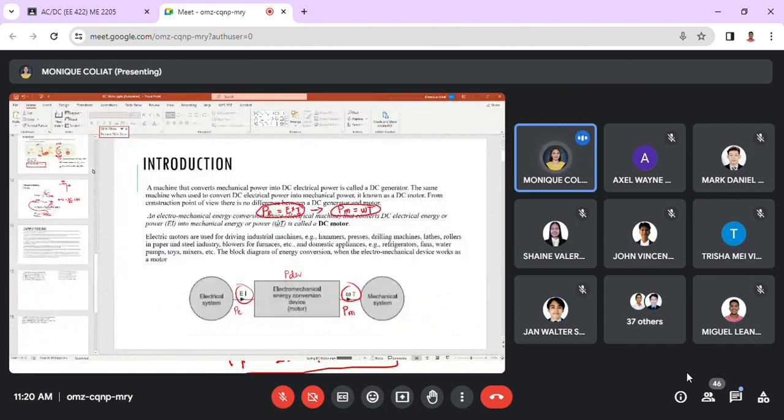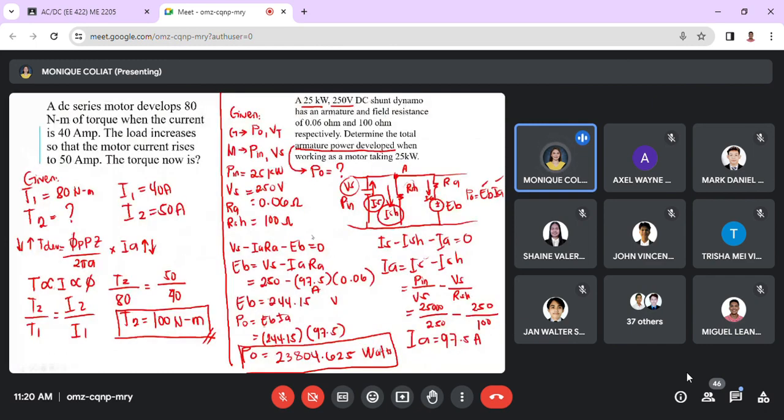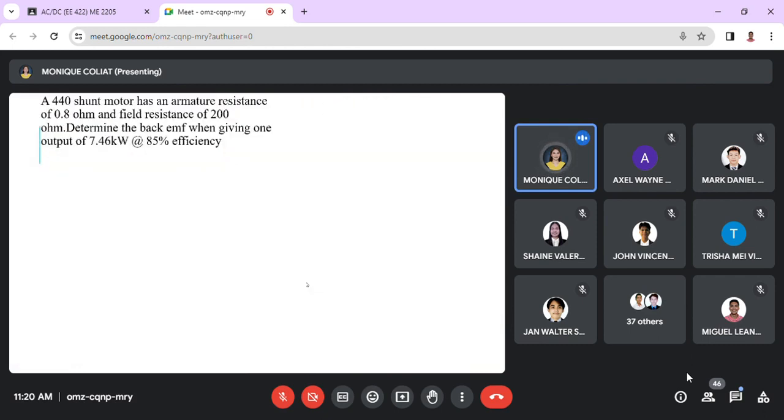Okay, so next problem. A 440 shunt motor has an armature resistance of 0.8 ohm and a field resistance of 200 ohm. Determine the back EMF when given an output of 7.46 kilowatts at 85% efficiency. Okay, so let's draw it.